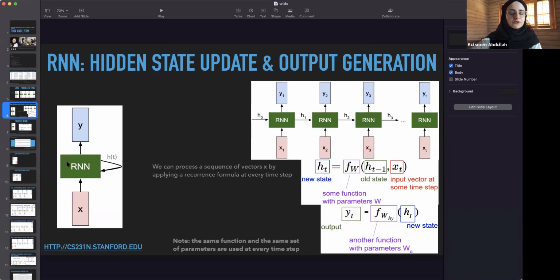Now to go into what the actual green box is, again, it's where you're going to have some old state. If you look at the picture on the right, the unrolled one, that might be easier to understand. That first X1 is going to be the very first input in your sequence. H is what's called a hidden state.